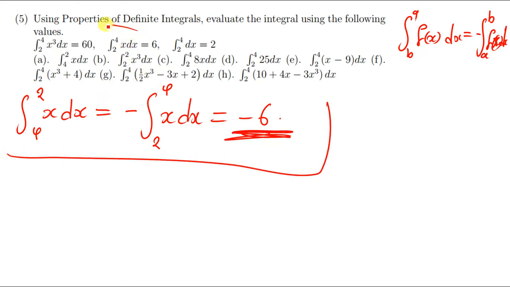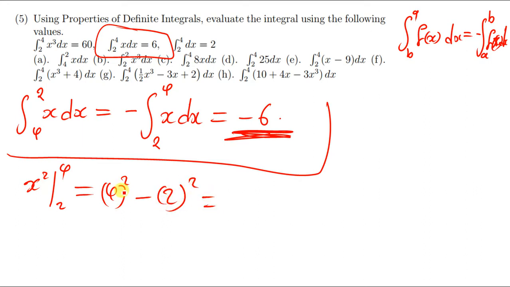Let's find the integral of this. So if we integrate x, we're going to get x squared on the limits 4 and 2. So this will be 4 squared minus 2 squared, which is 16 minus 4, which is 12.